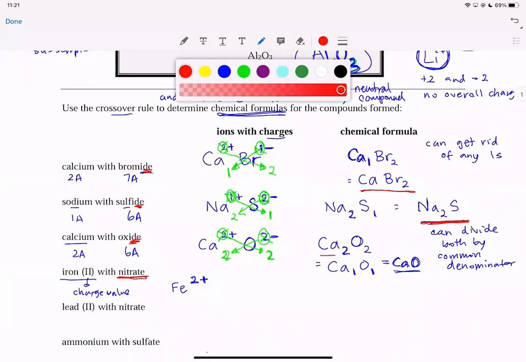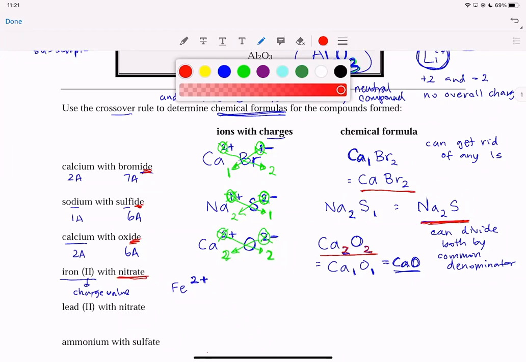But this Ca2O2, the subscripts are 2 and 2. So what that means is that there are 2 calciums to 2 oxygens. 2 and 2 is something that you can divide both of those by the same number, 2. You can divide 2 by 2 and get 1.